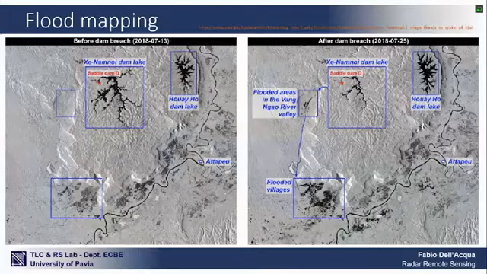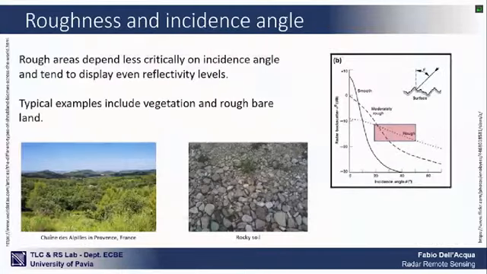After the dam broke, you can see that the amount of water obviously decreased a lot, and downstream you can observe flooding. Again, why? Because of the mirror reflection, which is granted by the smooth surface of water.